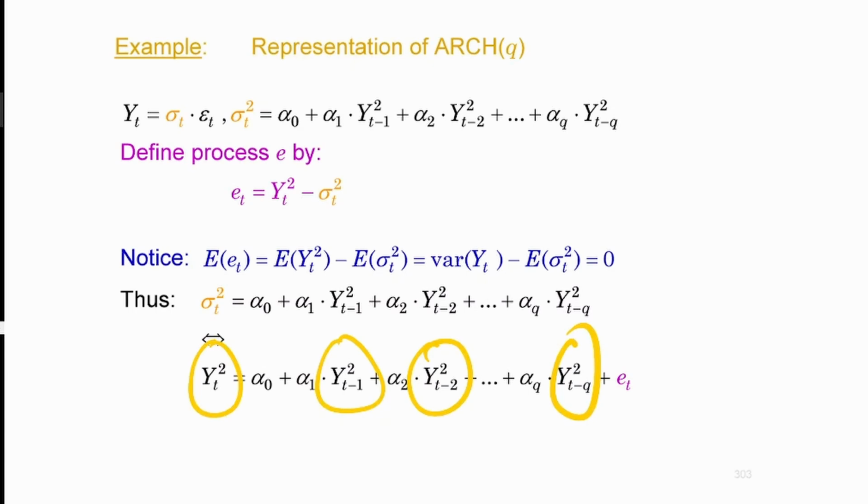A square one. So, how would you detect ARCH and GARCH effects? It's simple, according to this illustration. It's not a procedure, guys. You simply estimate an AR process for the squares, not for the original observations, for the squares.